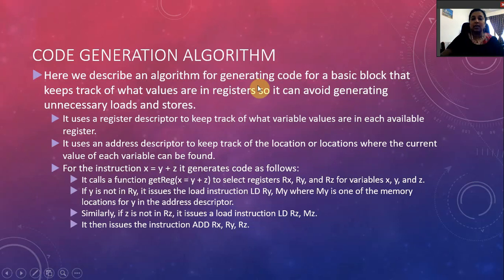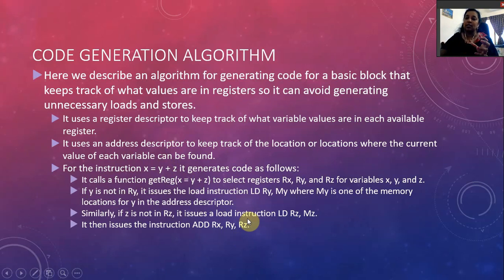So when you take a single basic block, you have a register descriptor, you have a get register function which tries to get the required registers based on the next use information and assign registers for evaluating the expressions given in the program.